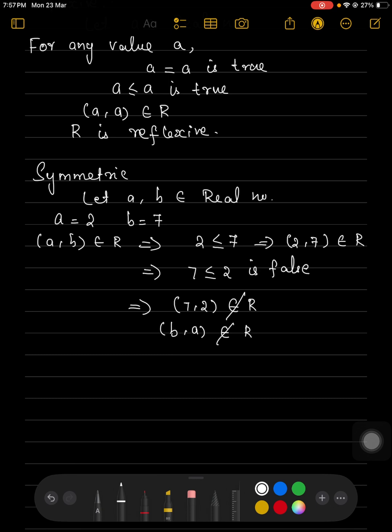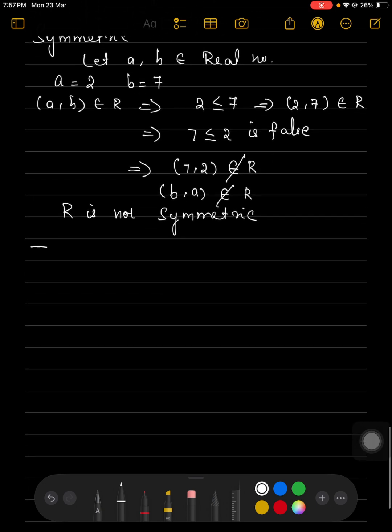Transitive next. I'm taking three numbers, A, B, C belonging to real numbers, and as per this relation, (A, B) is in relation as well as (B, C) in relation. What is meant by (A, B) in relation?